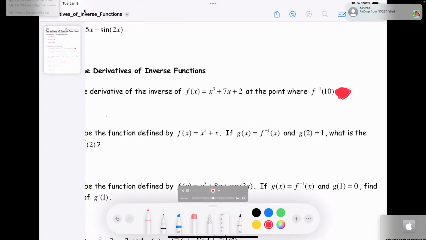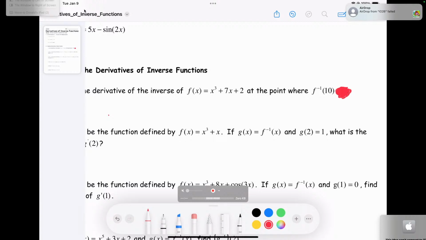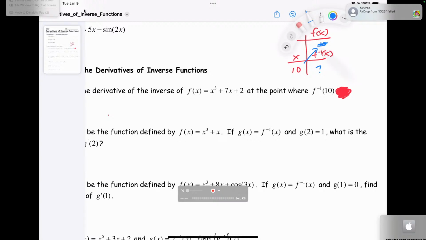So remember, usually I do a table to help me because I'm not that smart. I would think about x and f of x, and I would think about this as x and f inverse of x. We got that we want a 10. 10 is swapped with the output because 10 becomes here. So this is 10.